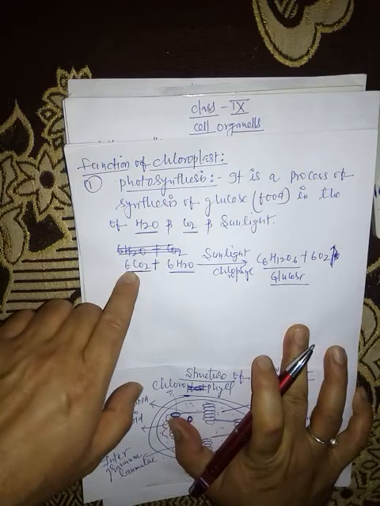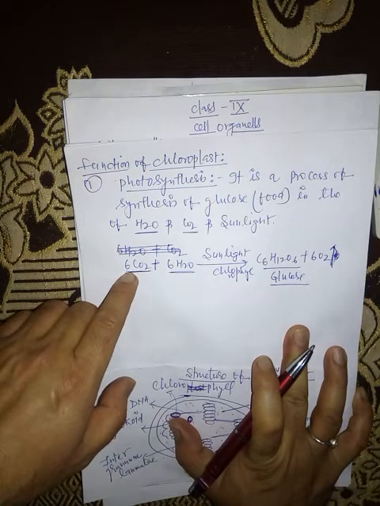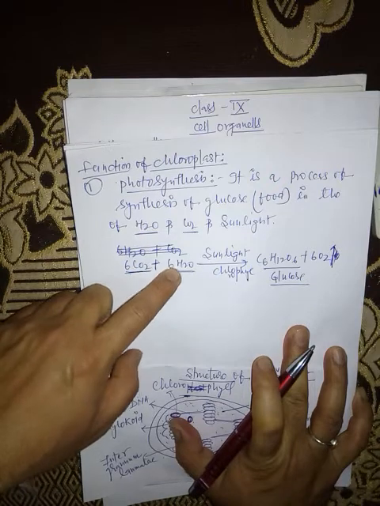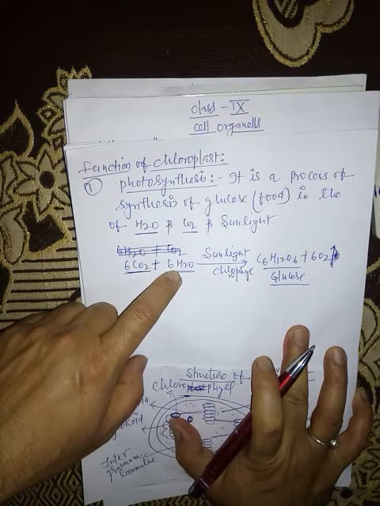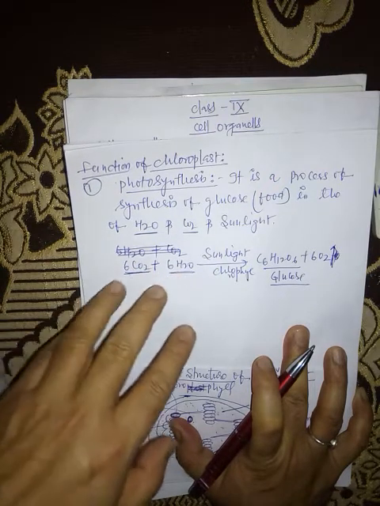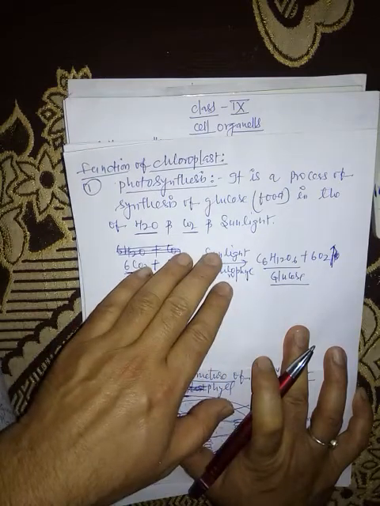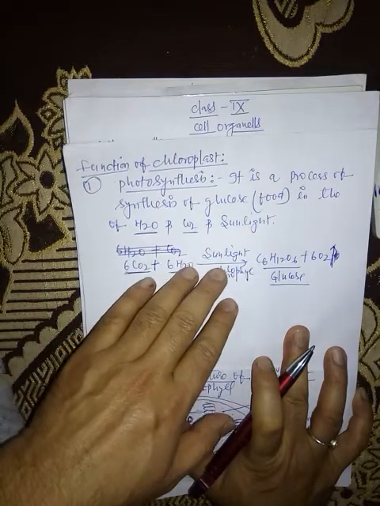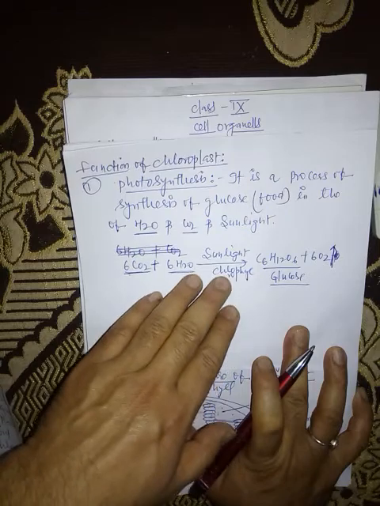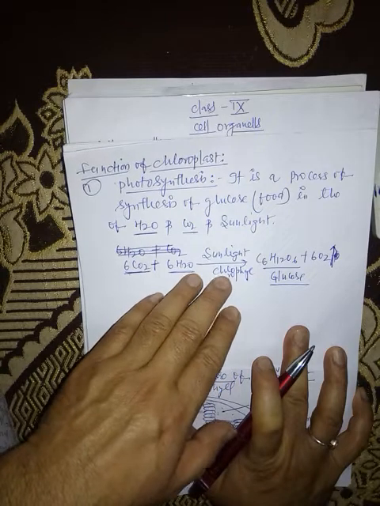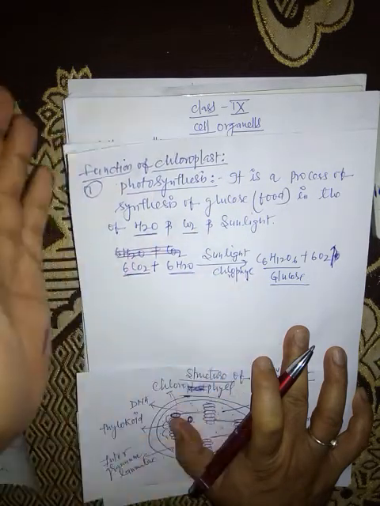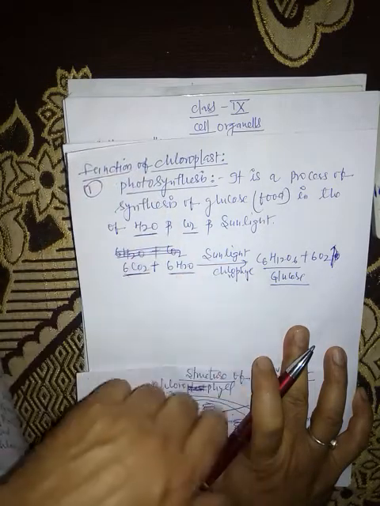So CO2 is absorbed by the plant with the help of stomata. Water is absorbed by the plant with the help of roots, and the sunlight, meaning the energy of the light, is absorbed by the chlorophyll pigment present inside the thylakoid in chloroplast.